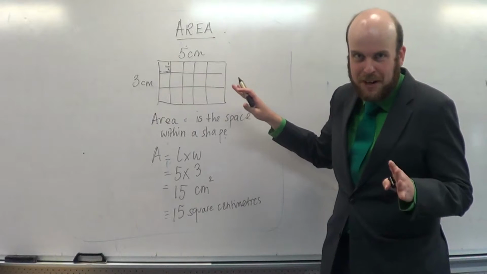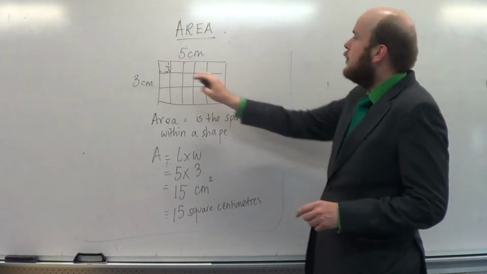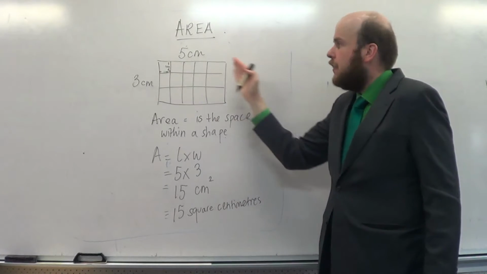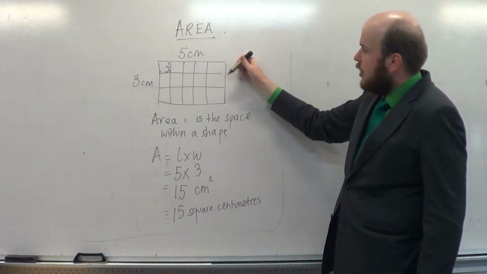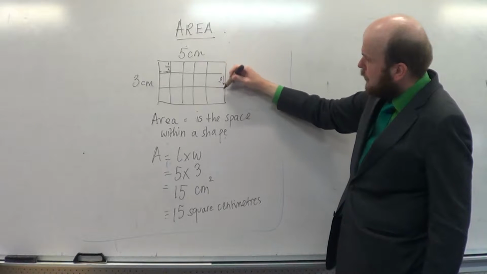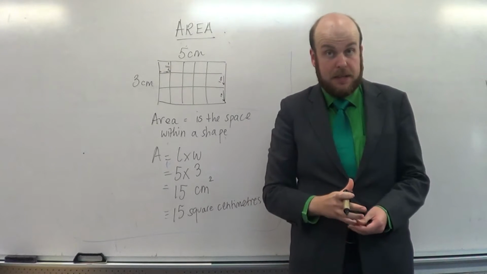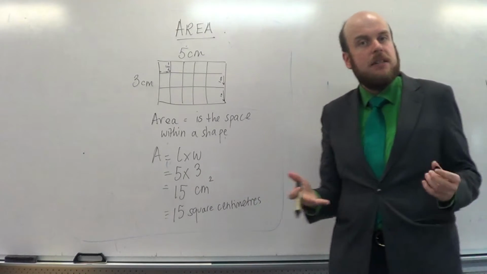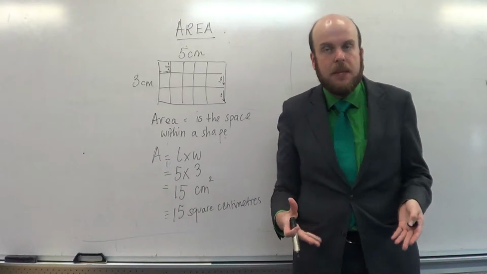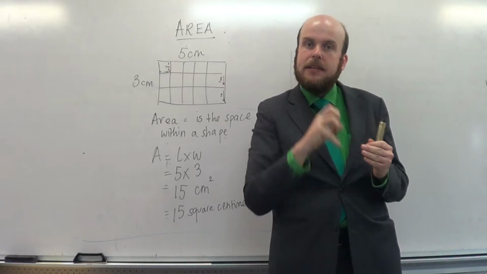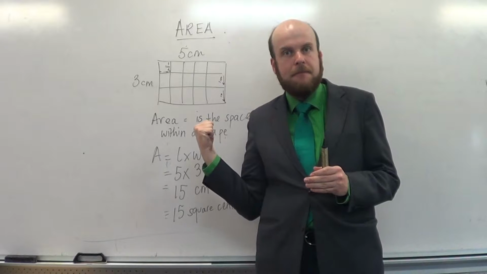Please just pretend that my drawing, they're all exactly the same. That's 5 that way, and then we've gone down, so all the widths are 1 centimeter. Basically I can fit 15 of them inside. So that's why we do length times width. What we're saying is, how many of these centimeter-sized squares can I fit inside here?